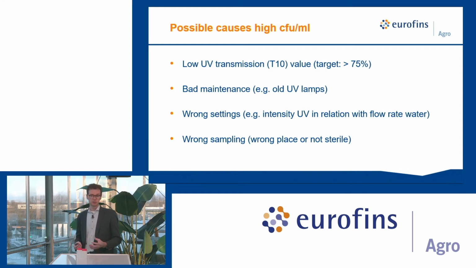Wrong settings, the intensity of the UV, for example, in relation to the flow rate of the water. It's very important. And a possible cause is also wrong sampling, the wrong place or not sterile. So there are a lot of causes, but you can check it with the analysis. Is your disinfector working fine or not?